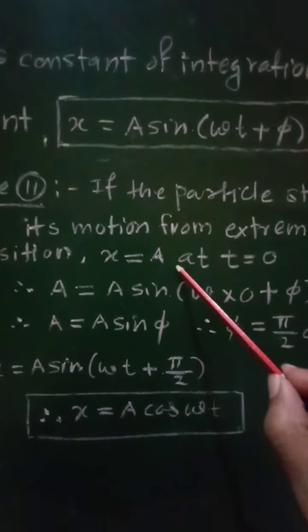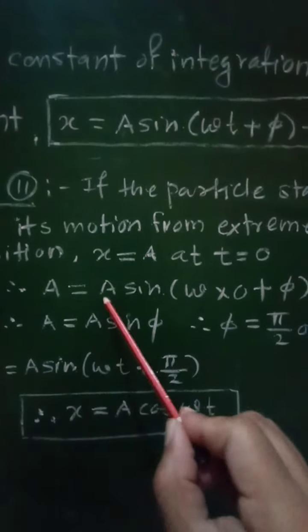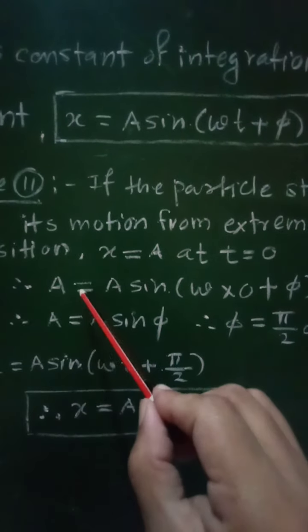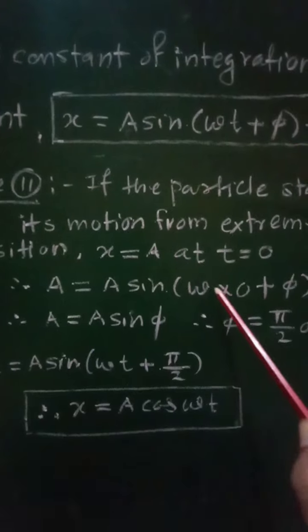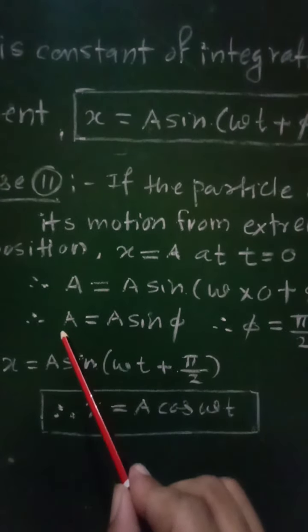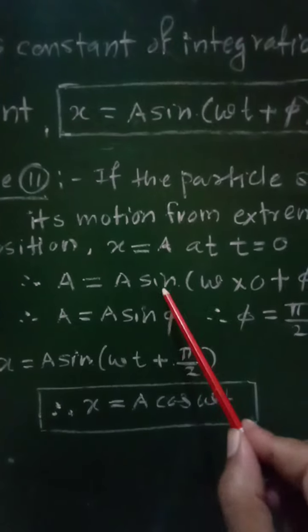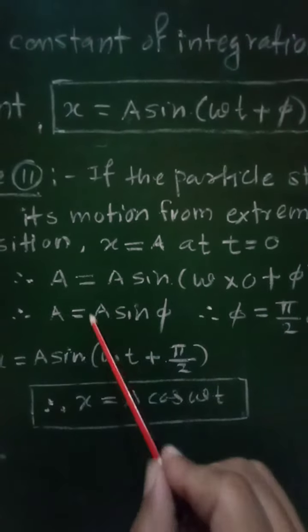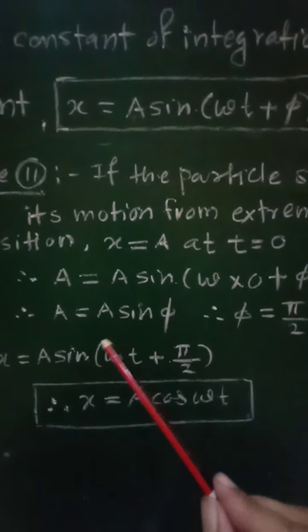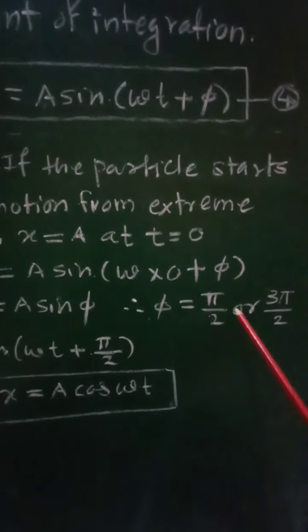Again putting these values in the fourth equation, we can write a equal to a sin omega into 0 plus phi, because x is equal to a and t is equal to 0. So a is equal to a sin phi. The a cancels on both sides, therefore sin phi will be equal to 1, and therefore phi will be equal to either pi by 2 or 3 pi by 2.